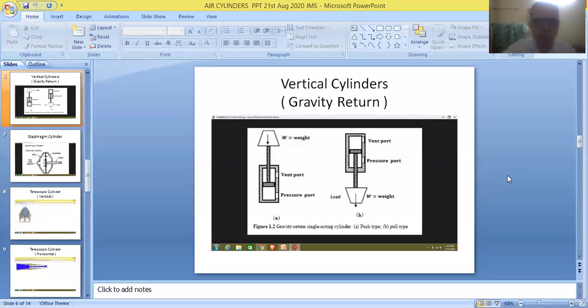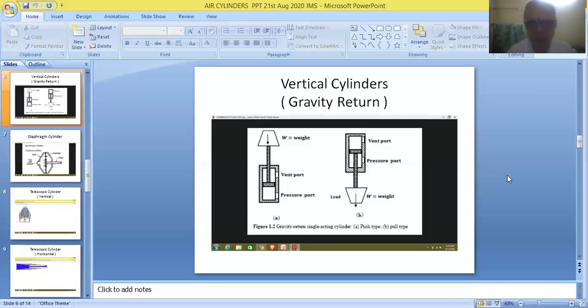Here the piston is pulling the load in the upward direction, whereas here the piston is pushing the load in the upward direction. That is the reason why this item is called a push type cylinder, and this item is referred to as a pull type cylinder.